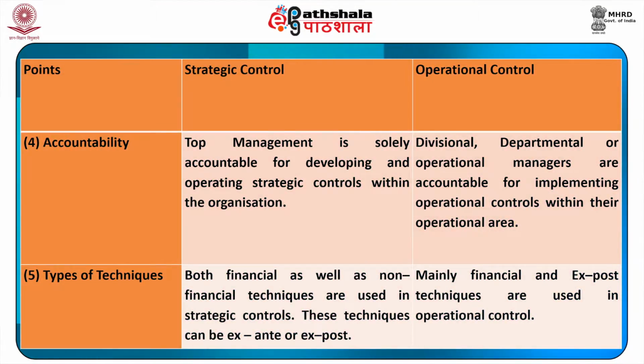Accountability: top management is solely accountable for developing and operating strategic controls within the organization. The divisional, departmental or operational managers are accountable for implementing operational controls within their operational area.